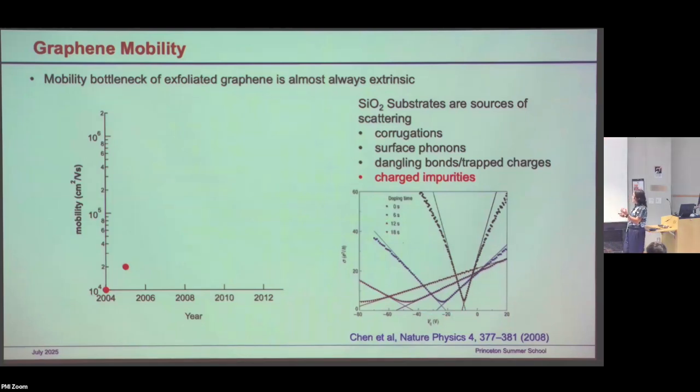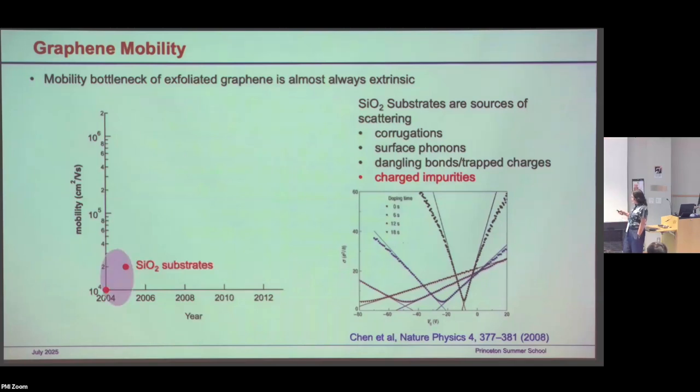You can see that if you deposit more on the surface, the slope has changed, so mobility has decreased, and also the so-called charge neutrality point moves, which tells you how doped the surface is. So this shows that silicon oxide really has a lot of charge impurities that limit mobility at low temperature for graphene to about 10 or 20,000.